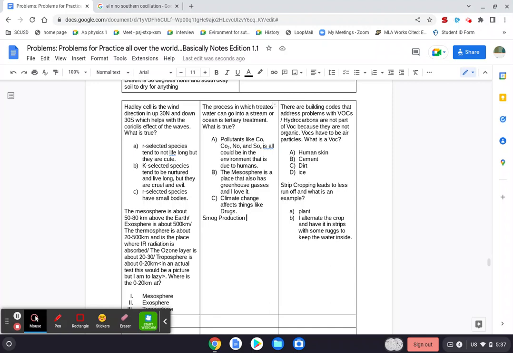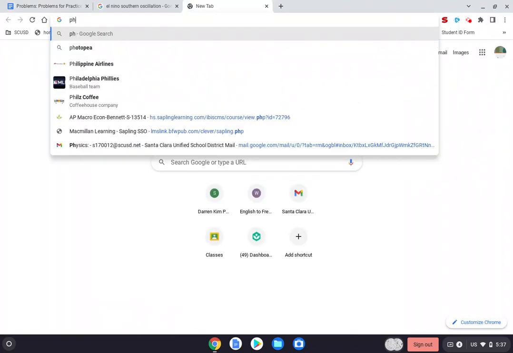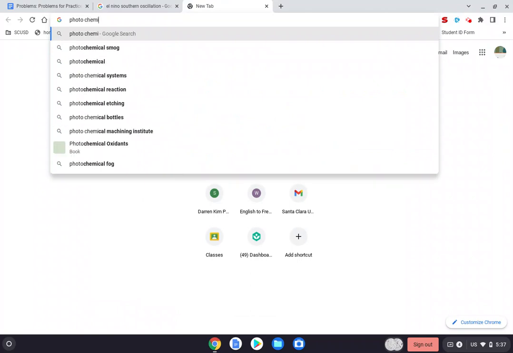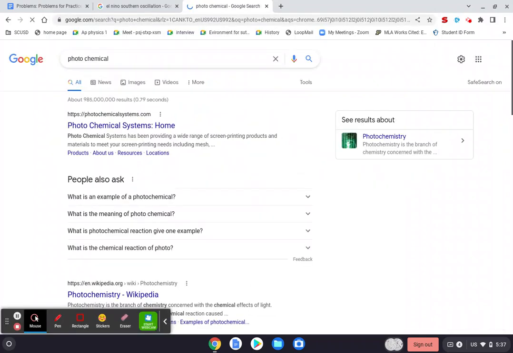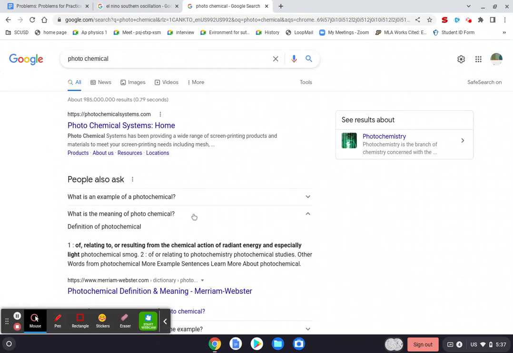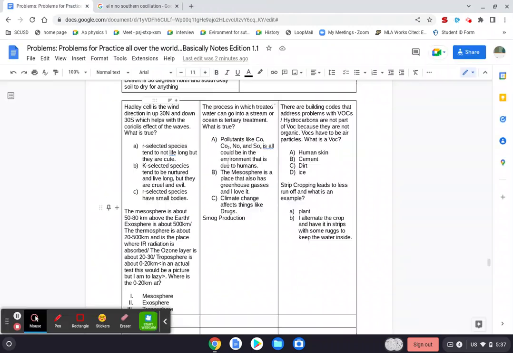What's photochemical? I don't know. Photochemical smog. It is related to the chemical. Photo. Chemical.